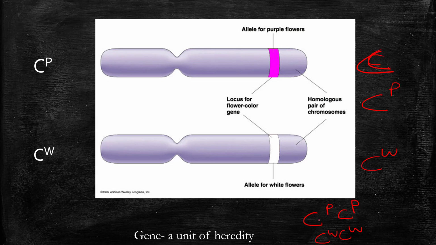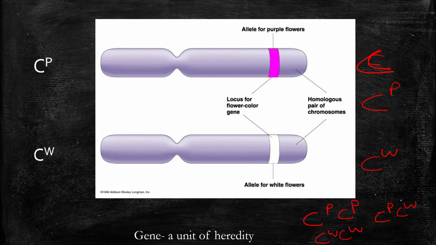Now, the reason we're drawing it this way is because of what happens when you have a heterozygous condition, CP CW. If this was regular Mendelian genetics like we did in Bio 1, if you were a purple and a white, you'd still be purple. But in the case of codominant alleles, they both show up.